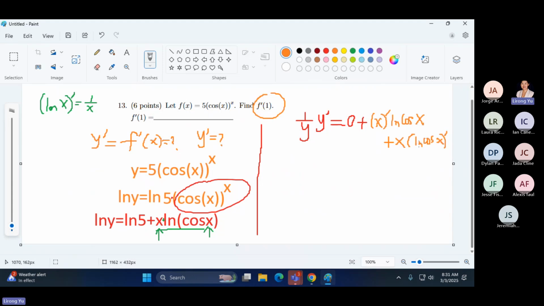According to the product rule, the differentiation of a multiplication equals differentiating one at a time while maintaining the multiplication. So that's what we have here.